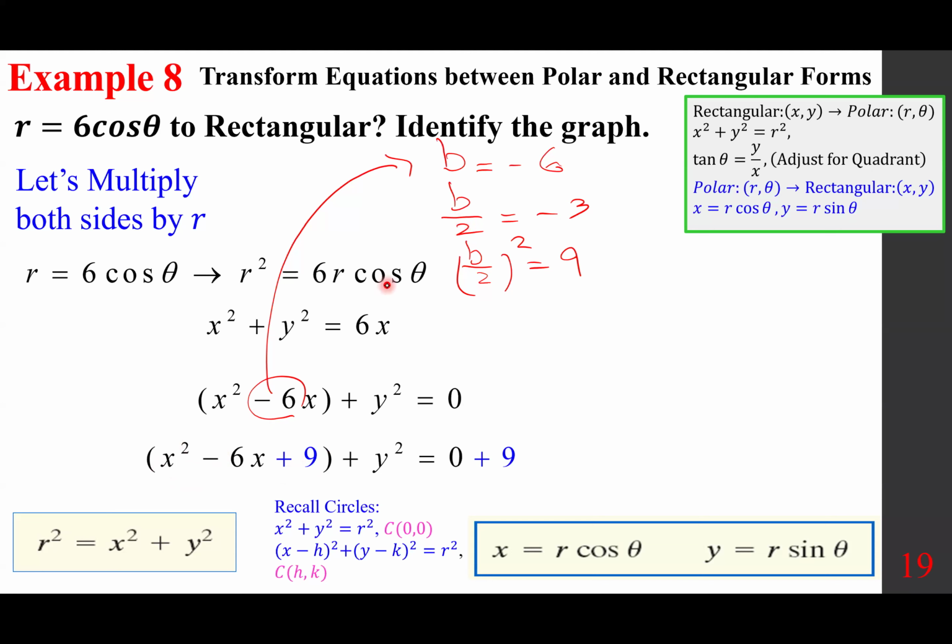Again, that means plus b over 2. It happened to be negative, so including the sign. If it was positive 3, you would say x plus 3 squared. If it's negative 3, you would say x minus 3 squared. So x minus 3 squared plus y squared equals 9.